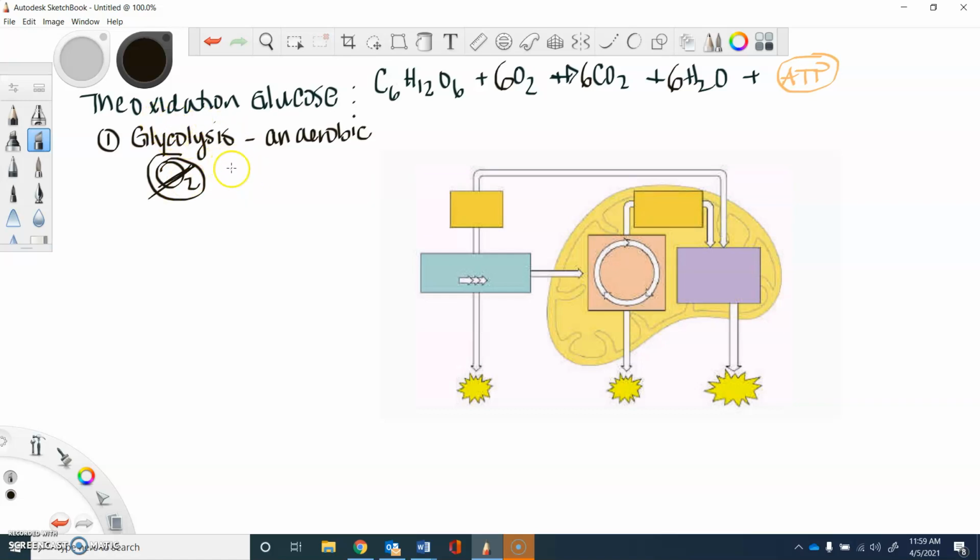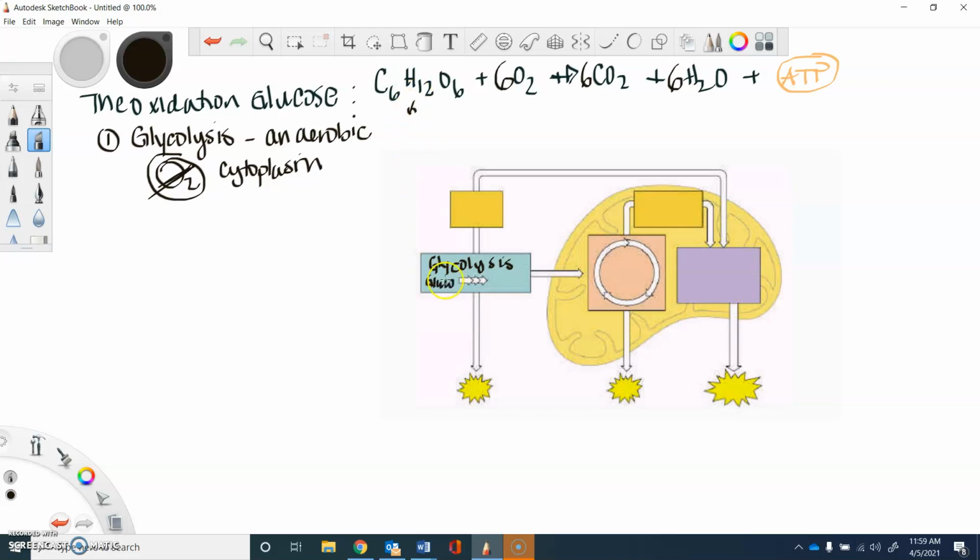Glycolysis occurs in the cytoplasm. So it is going to occur over here. All right, and we start with glucose, which is this right here.